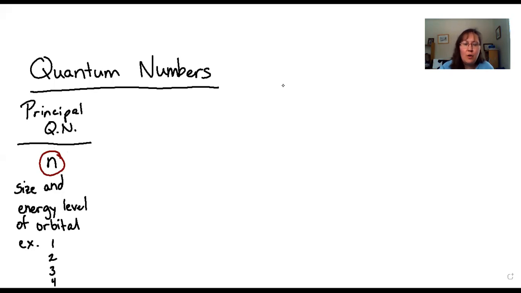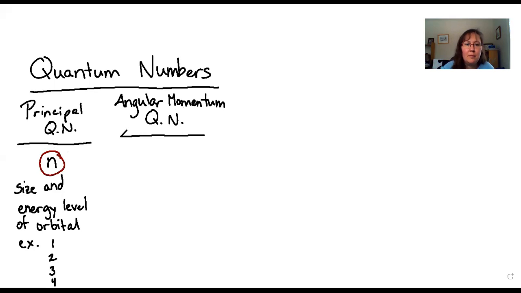The next of the quantum numbers is the angular momentum quantum number. And the angular momentum quantum number is depicted by a lowercase cursive l.